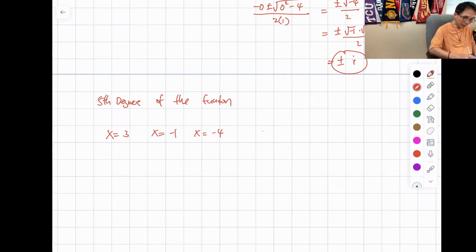And I'm also gonna give you another answer: x equal to 3i. x equal to 3i. So how many 0s do I have right now? Well, 4, right? Well, on paper it's 4. But since it's a 5th degree, it must have 5.